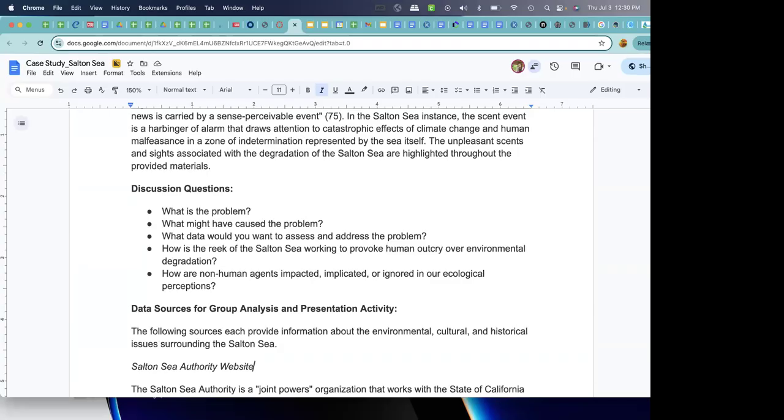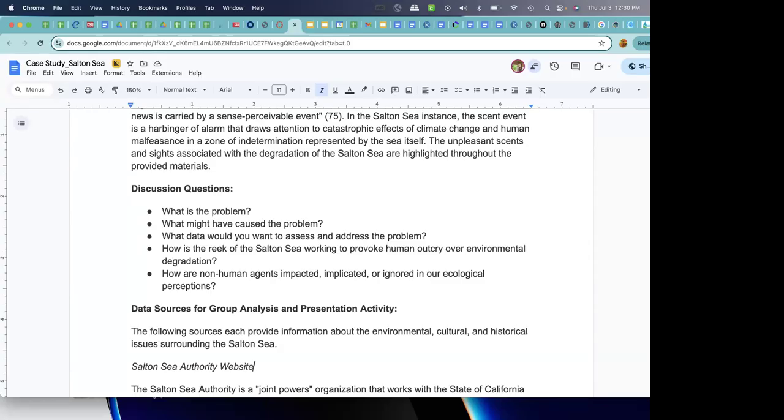But as we are in a drought and water is much more valuable, farmers have become a lot more efficient with their water usage, so there's less and less runoff. Additionally, with climate change, as it gets hotter, there's more evaporation, the water level lowers, and the salinity rises, which kills fish that the birds depend on. So essentially, the water is evaporating at a faster rate than it's rising.